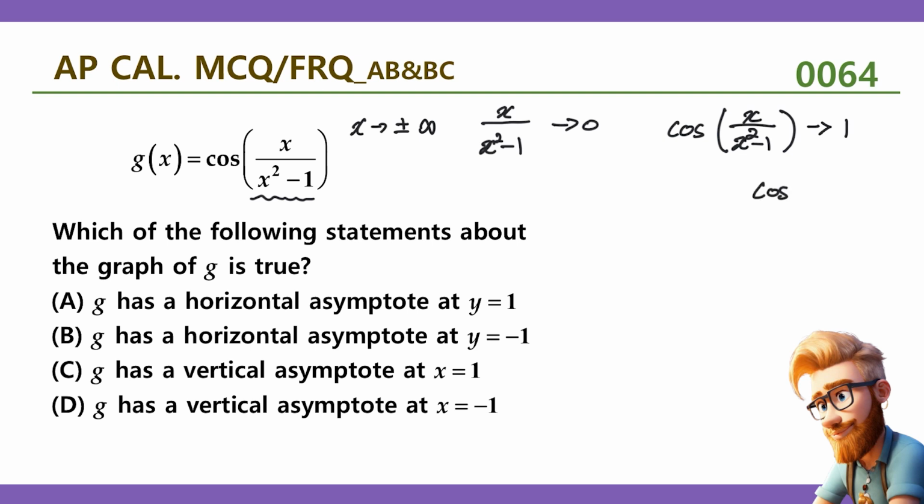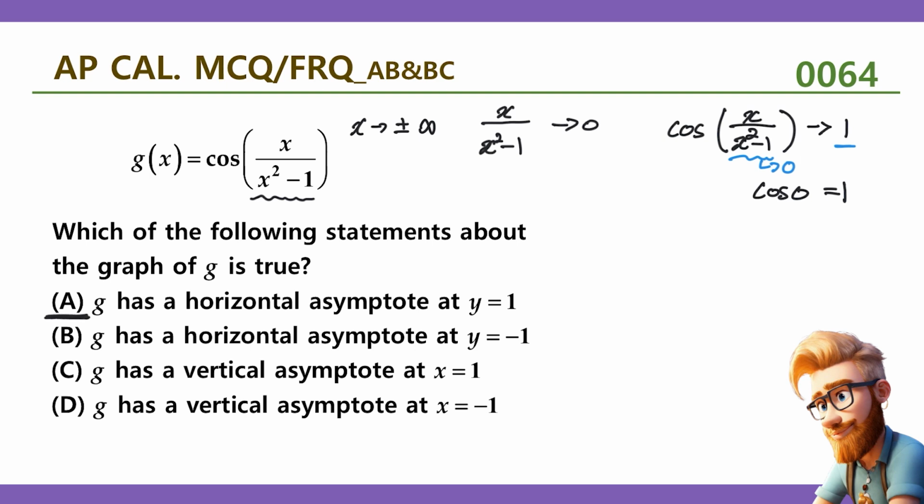Remember, cosine 0 is equal to 1. So cosine of x over x squared minus 1 approaches 1. So the horizontal asymptote is y equals 1. So the answer is A.